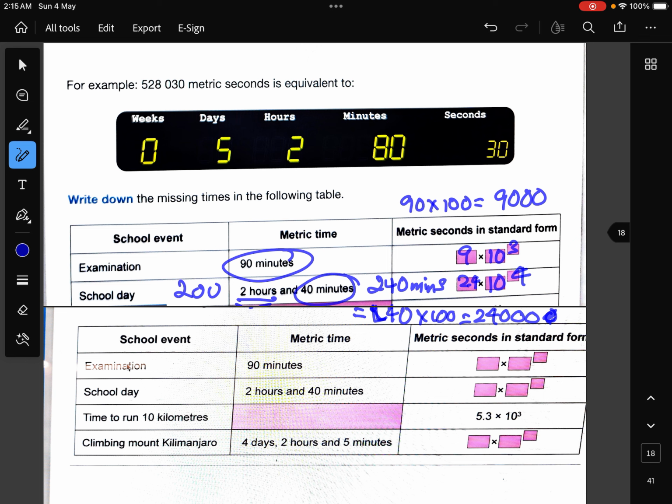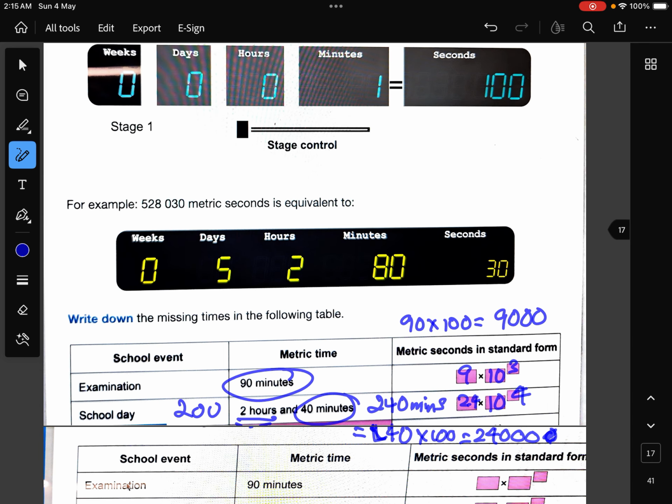Alright, then we just move on to the next question, where is the time to run 10 kilometers. You have the metric seconds, so 5.3 times 10 to the power 3. That's the equivalence of having 5.3, moving the decimal point 3 to the right. So you're going to get 5,300 seconds.